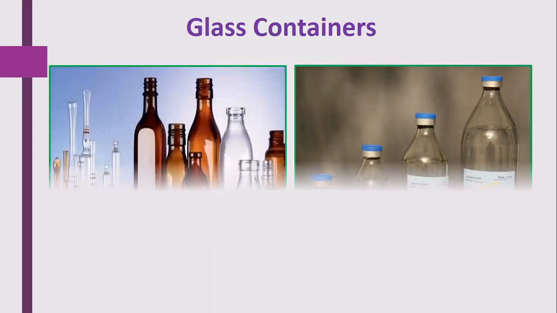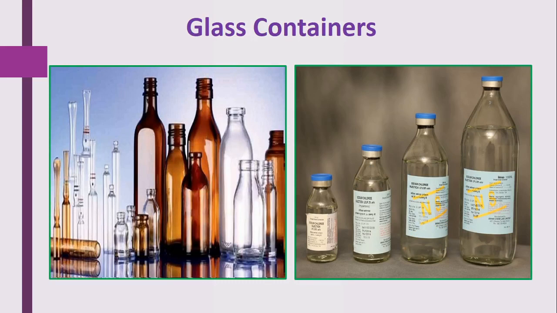So let's move forward. You can see in this picture these glass containers, which are mainly used for small volume parenterals, but some transfusion fluids are also stored in them.